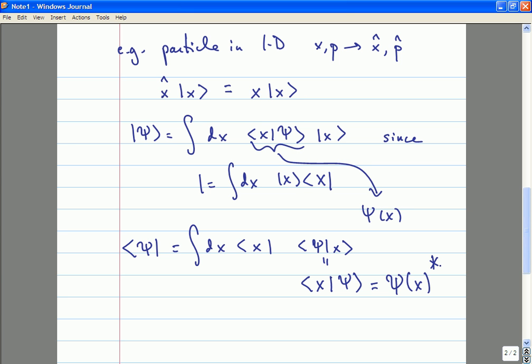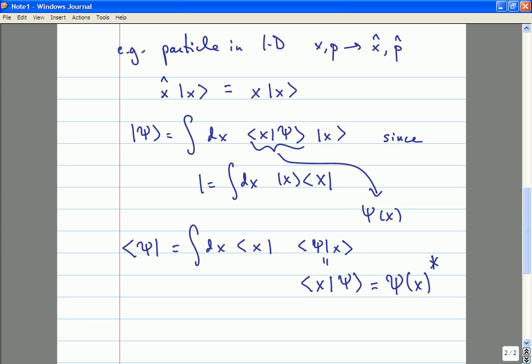So often in an initial treatment of quantum mechanics, you start by thinking about wave functions and only later organize your thinking in terms of abstract Hilbert spaces. But that way of approaching things often obscures a lot of the basic physics, because one of the crucial aspects of quantum mechanics is that you can use whatever basis you like in order to make the problem at hand easy to solve.